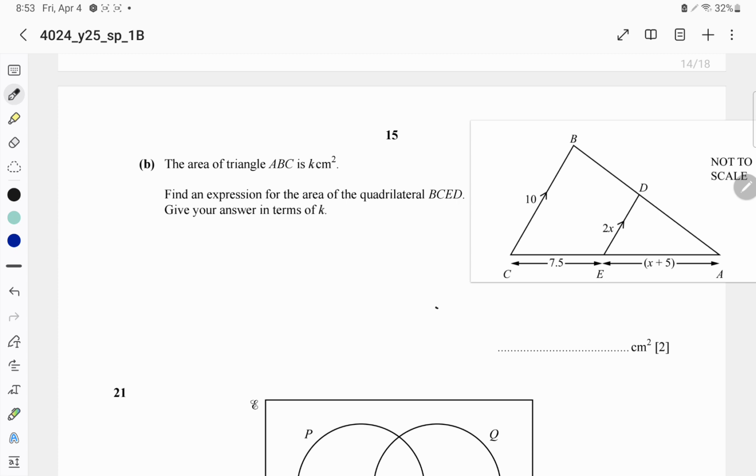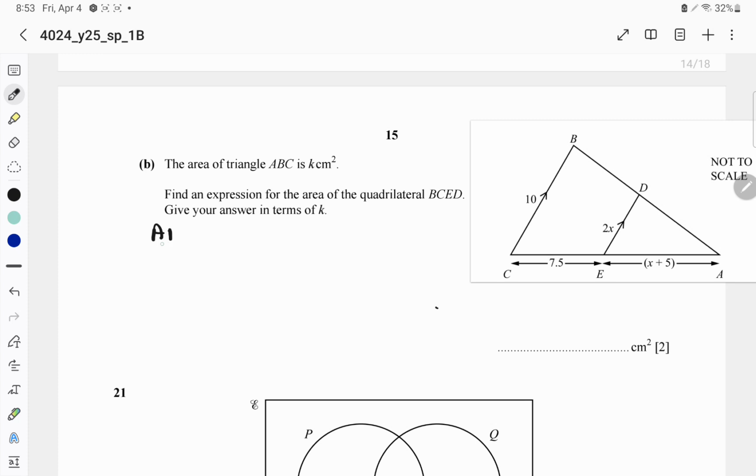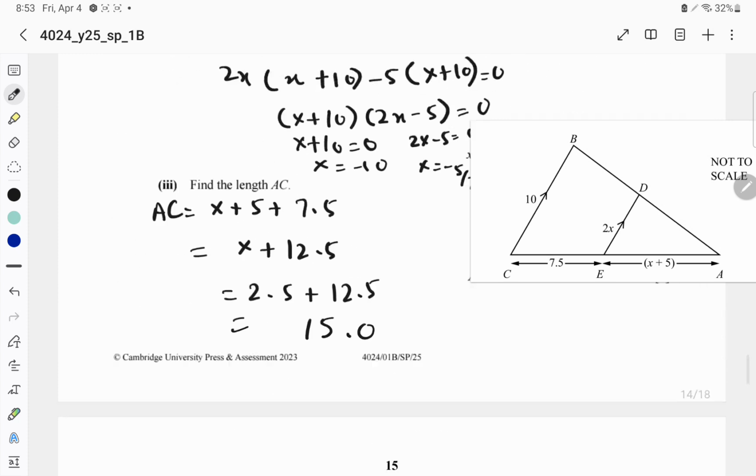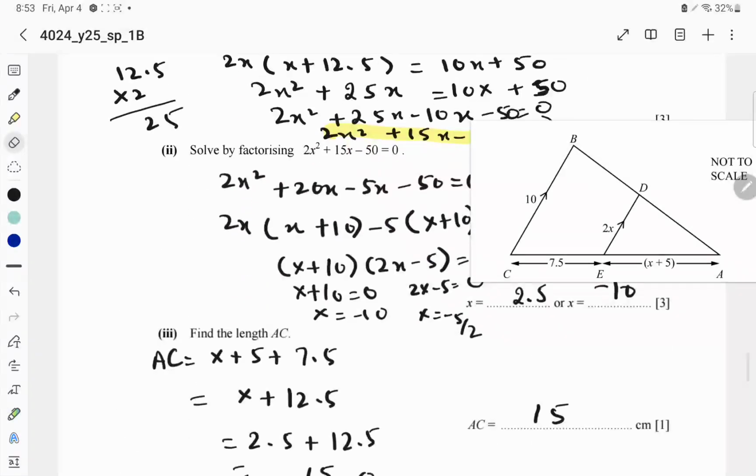These two triangles are similar, so we take A1 upon A2 is equal to L1 upon L2 whole square. They gave us the whole triangle area, which is k, and they are asking us to find this much. We find the area of the smaller triangle and subtract to get the area of the quadrilateral.